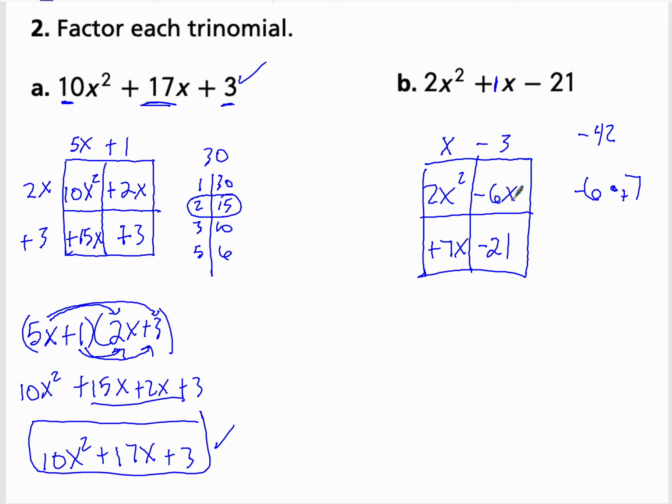Common factors of 2x squared and negative 6x would be 2x. And then common factors of a positive 7 and a negative 21 would be 7. Since this part is positive, that needs to be a positive. Here, this is negative because this is negative. Okay? So x minus 3 times 2x plus 7. Those are my two factors, my two binomial factors.